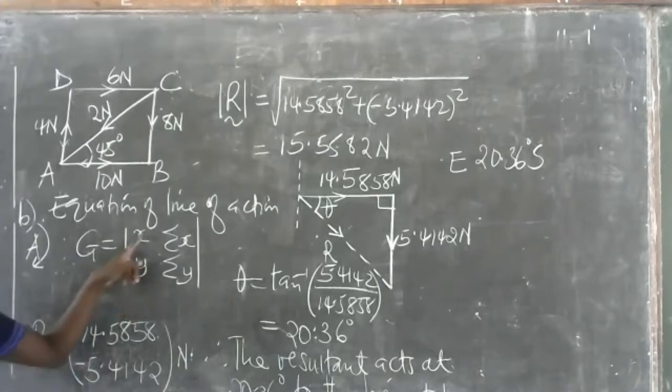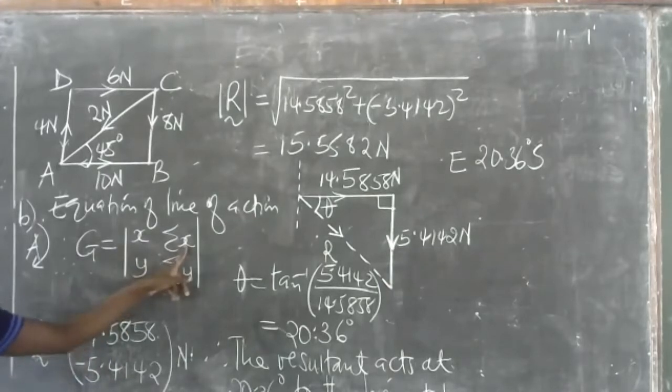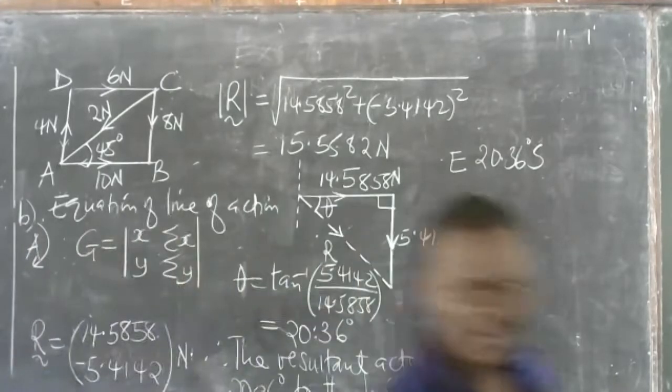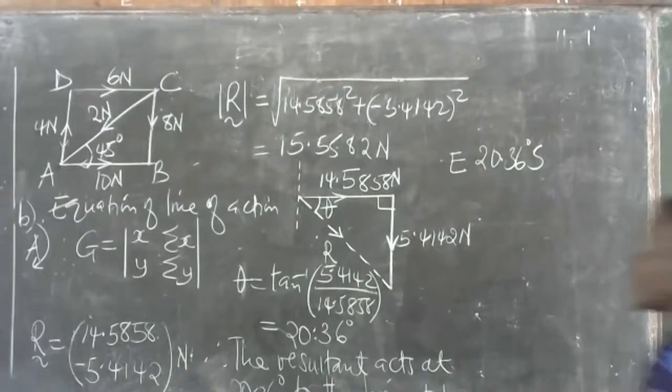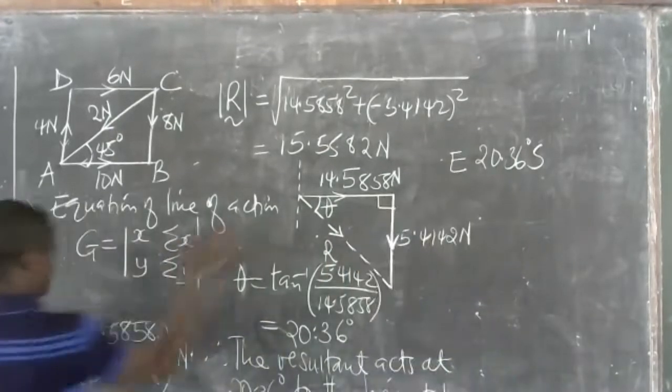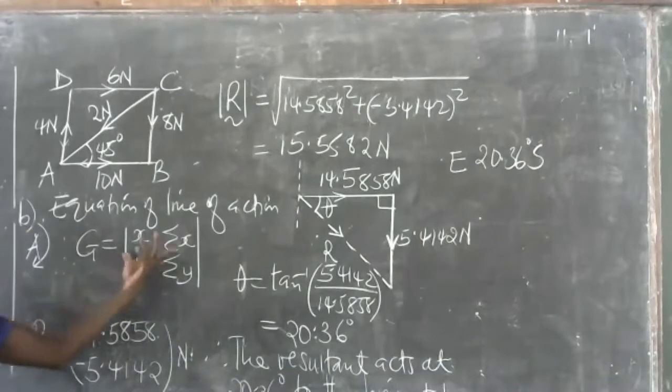So you can see we have x and y, so the equation of line of action is given by this formula.